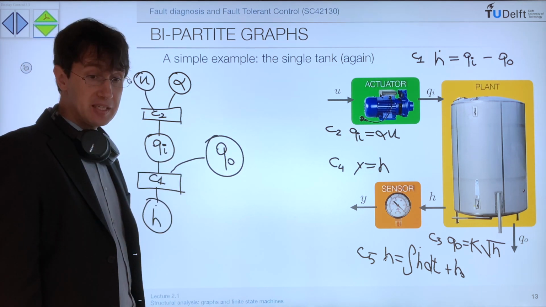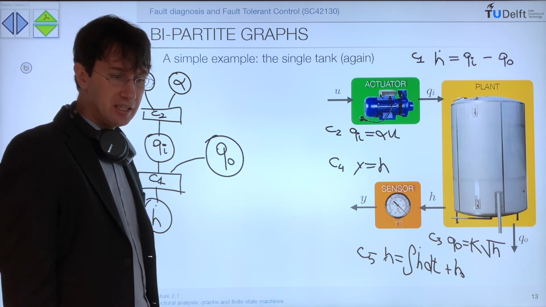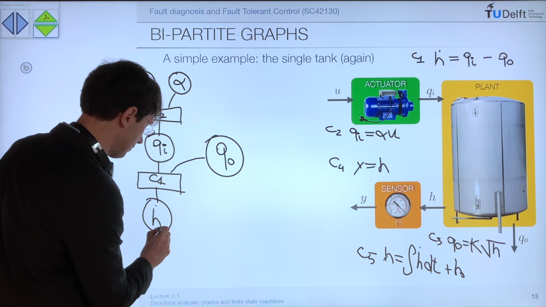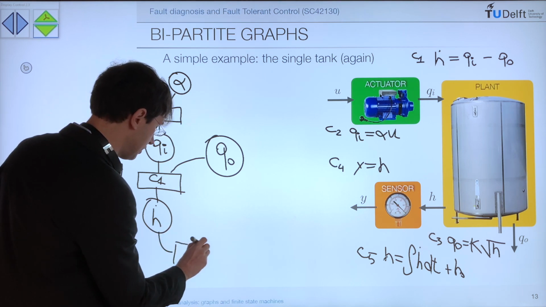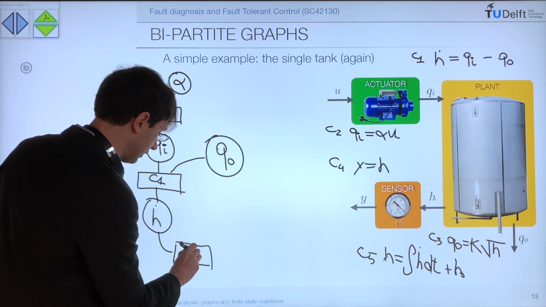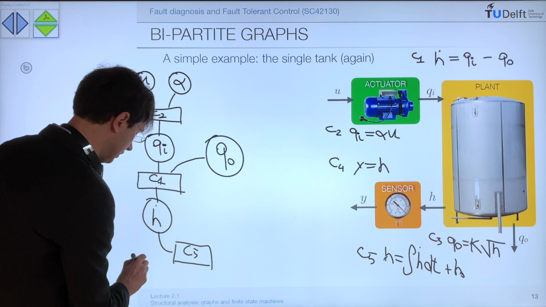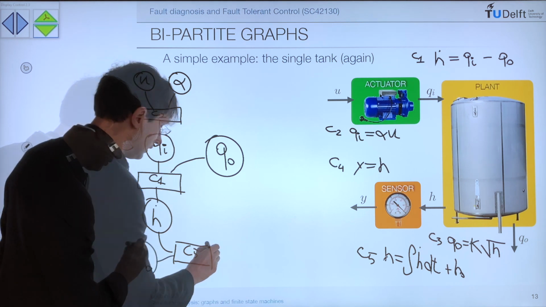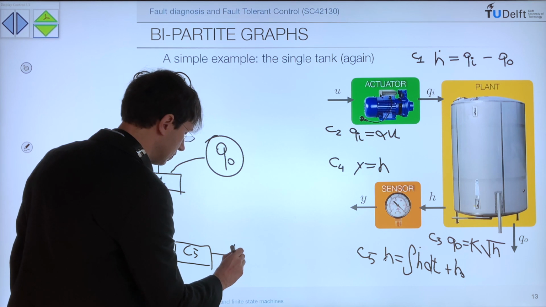Then what we have is that the derivative of h is linked, as we know, to h itself. So this is C5, the integration. We also need to introduce the initial level h0, and this is linked to h.